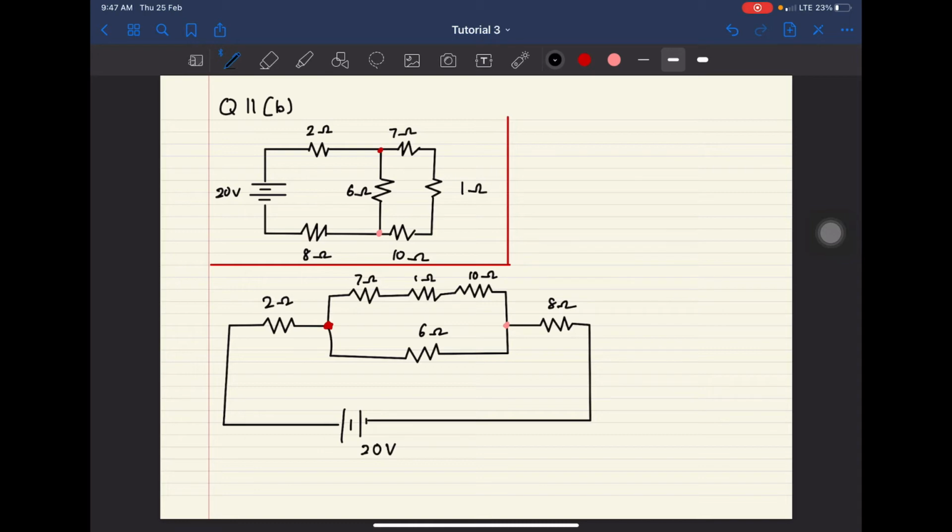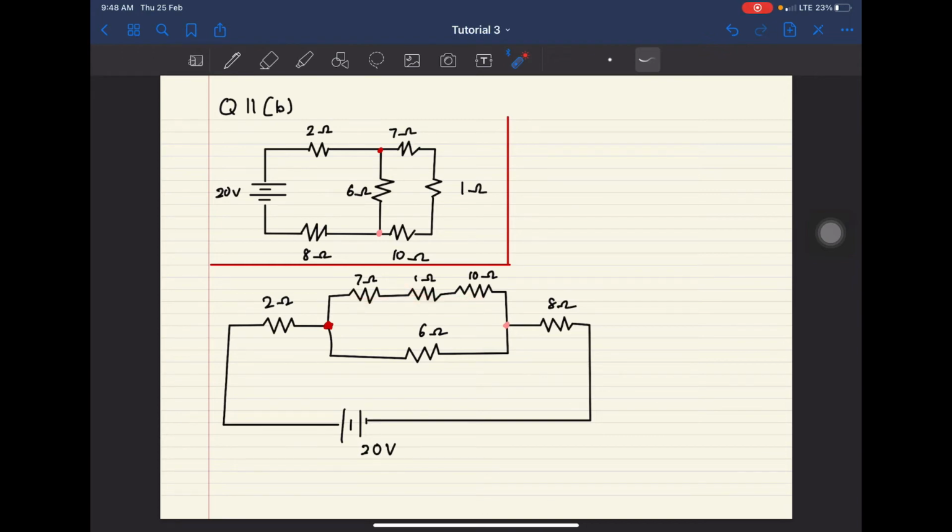This is 20 volt. Okay, now the first thing that you can do is that you can try to solve this part first. Okay, and then after that you can solve this parallel resistor, and then you combine again in series like that. So if you draw it like this, memang nampak jelas. And then my advice is that every time kamu combine, macam kamu combine yang ni series kan, I suggest you to redraw, especially kalau the next question dia tanya pasal nak cari voltage dengan current through this resistor.